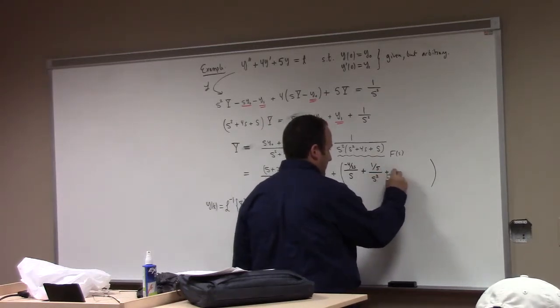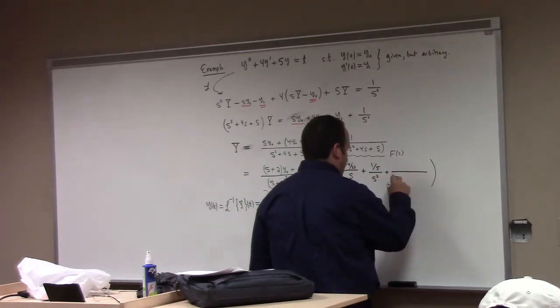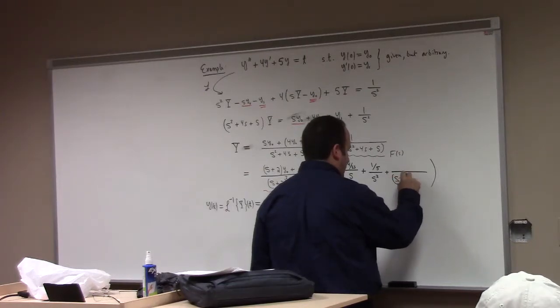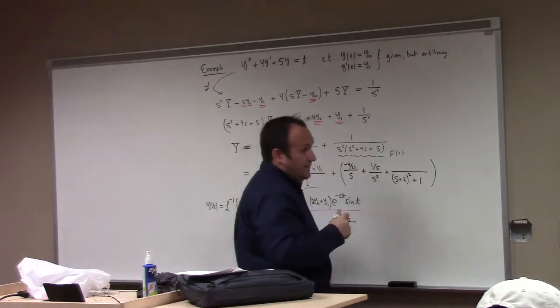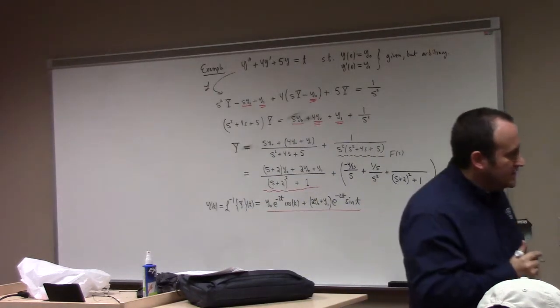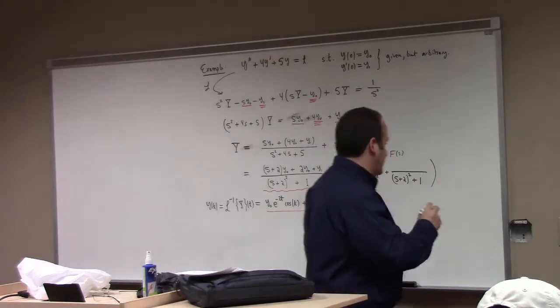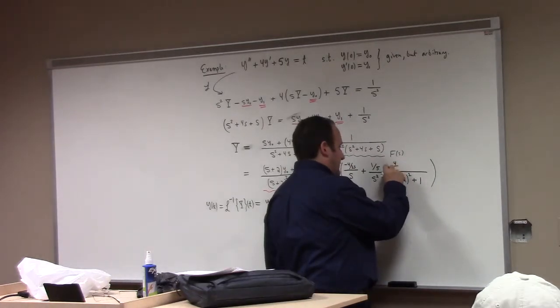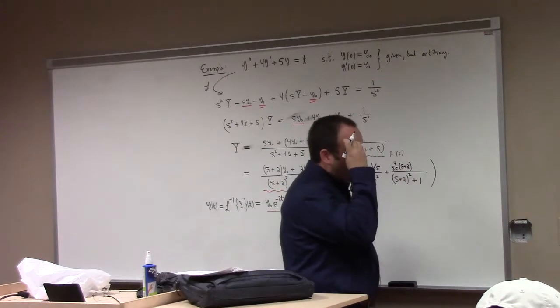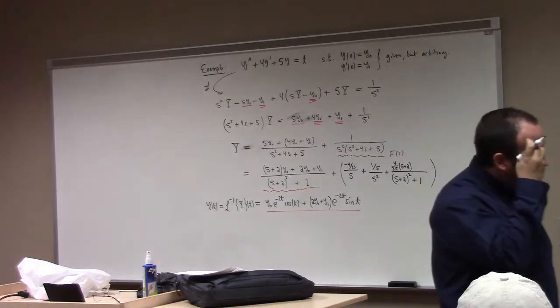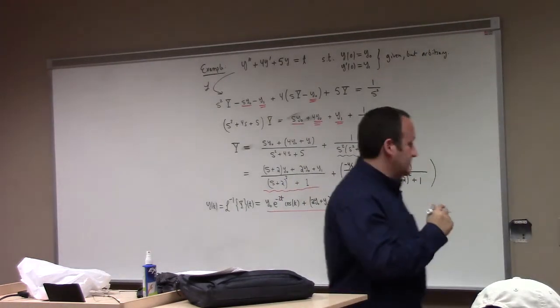And then plus, so here I've got s plus 2 quantity squared plus 1. My C was 4/25. So 4/25 times s plus 2. And my D plus 3/25. Yeah?